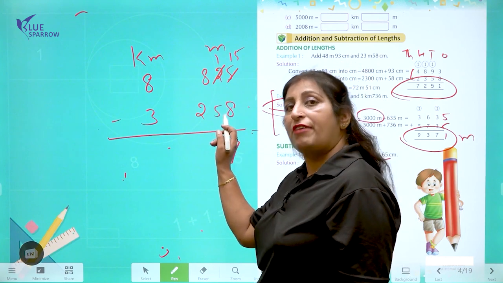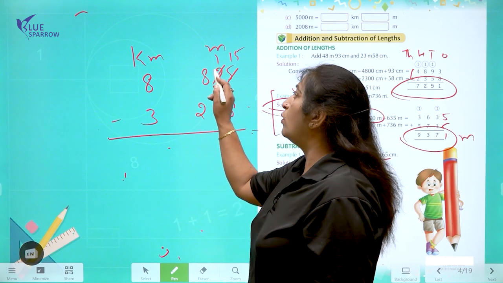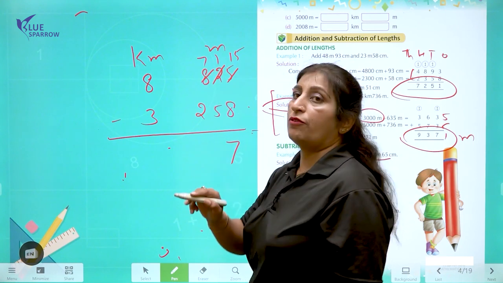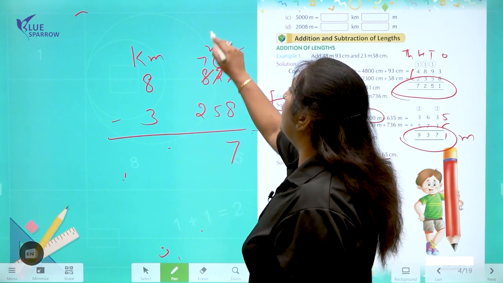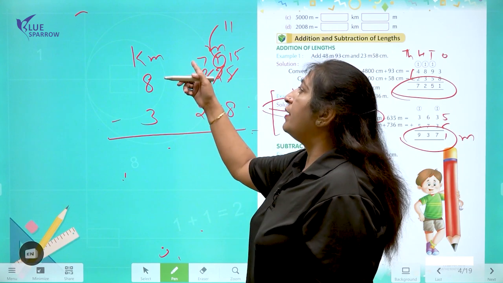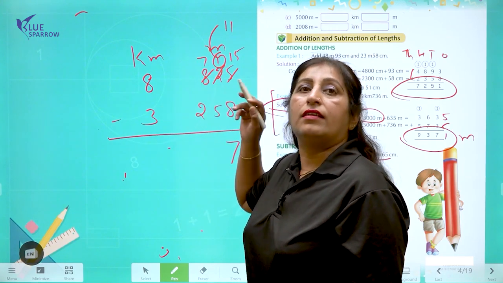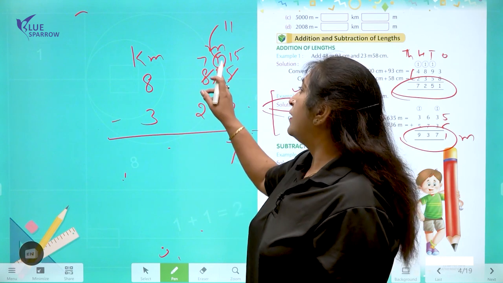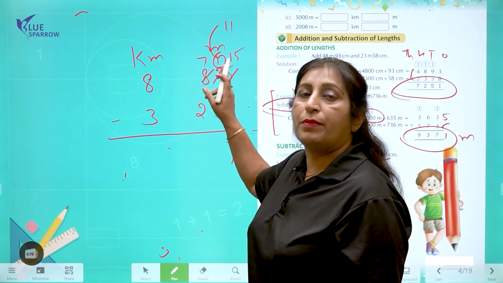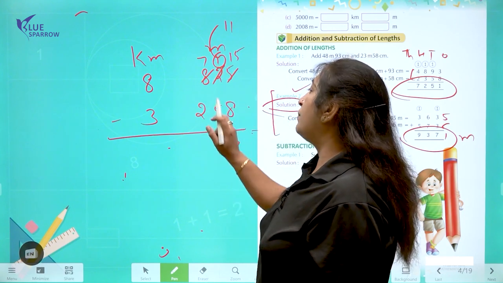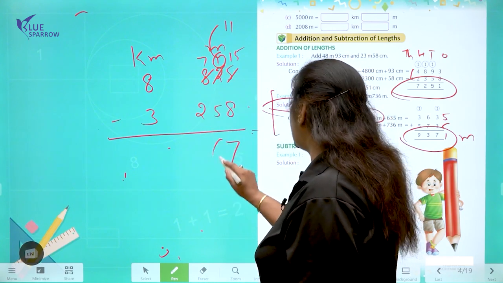And subtraction of 5 from 1 is not possible. So we would borrow 1 from 8. 7 would be left over here and it would become 11, because when we take 100, it gives 10 tens to the tens column. 10 and 1 was already present there. 10 plus 1 make 11 and 11 minus 5 gives us 6.